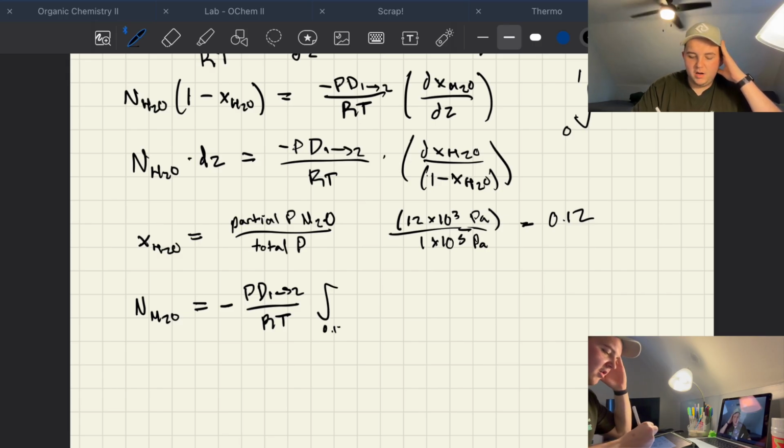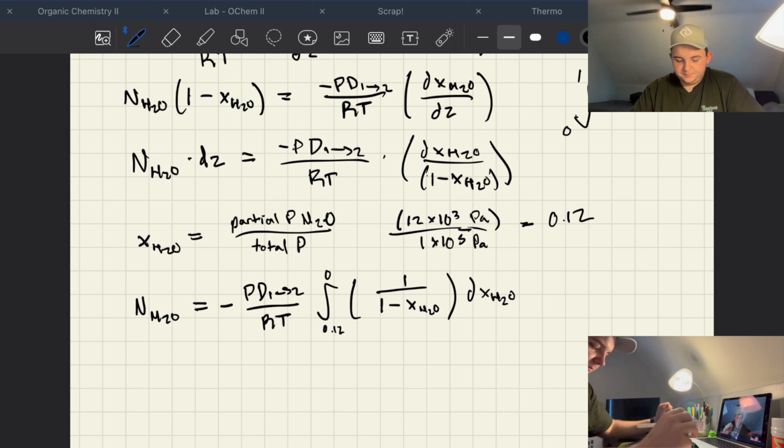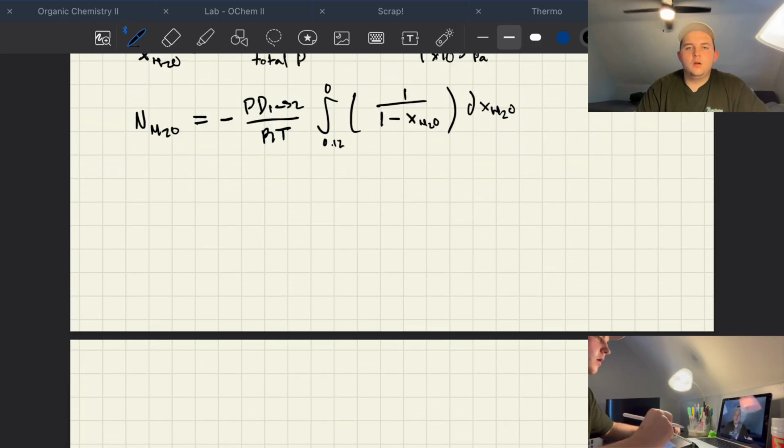And then we're going to integrate from 0.12 to 0 of 1 over 1 minus x H2O, and then dx H2O on our outside. Yep, okay. So starting to look really good now. I'll be back in 1 second.